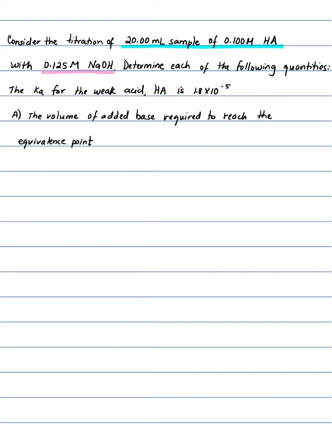And the first thing that we have to calculate is the volume of added base, so sodium hydroxide, that we need in order for your titration to reach the equivalence point. So a couple of things. Equivalence point is where the concentration of your acid equals the concentration of the base.